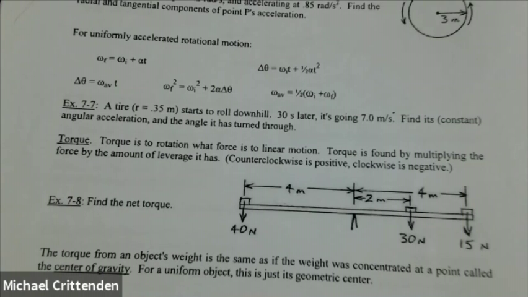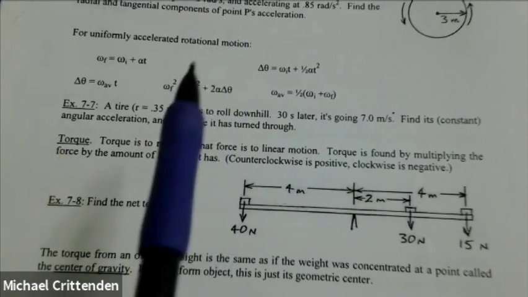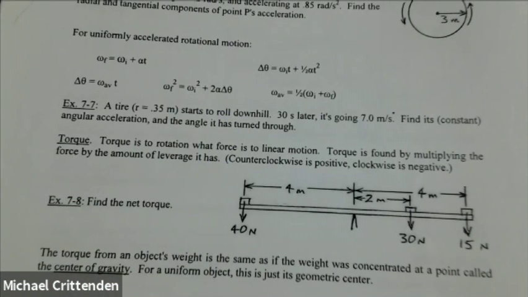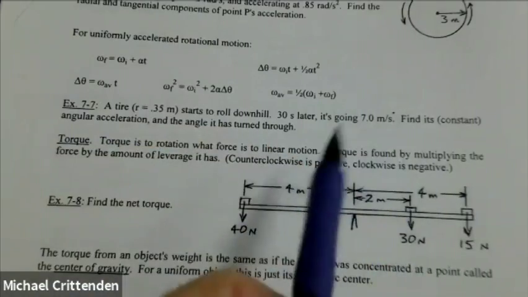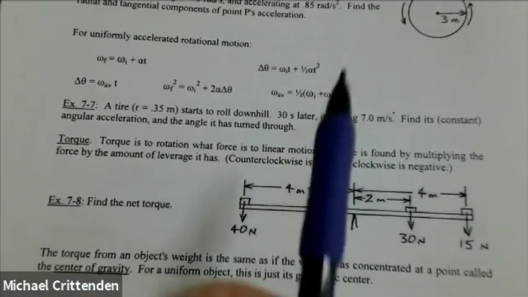And as soon as you turn your back, it begins to roll down the hill. And you turn around 30 seconds later, and your first impulse is to say to yourself, I'll bet that's going about 7 meters per second. Being, of course, an excellent judge of speed.